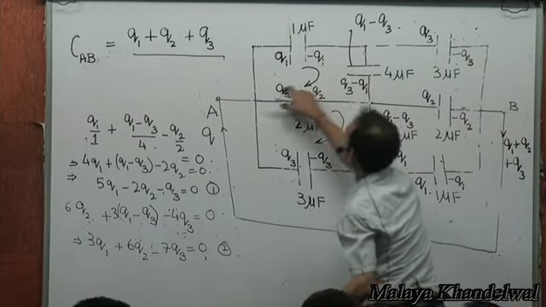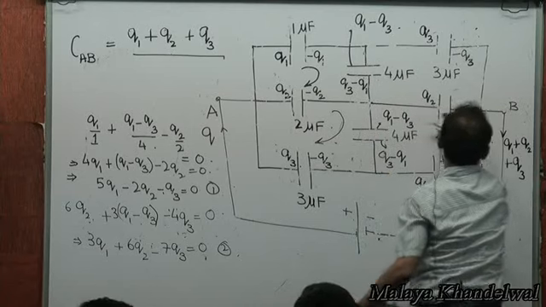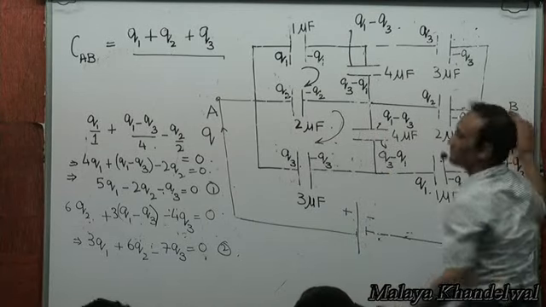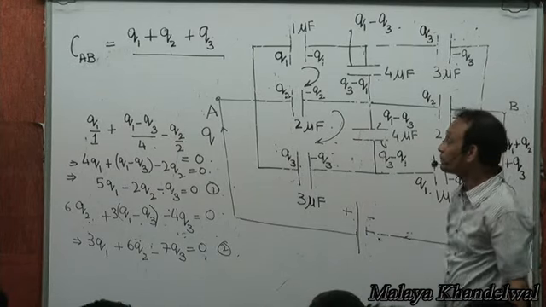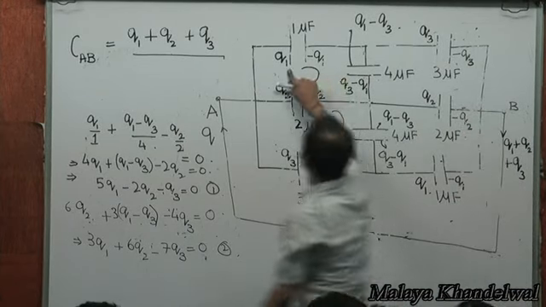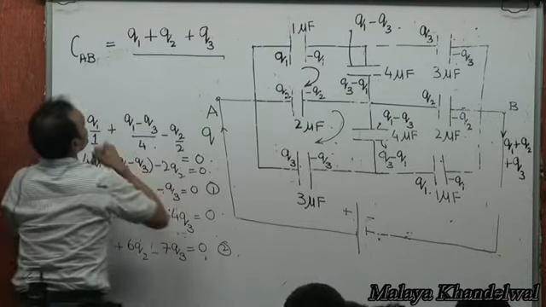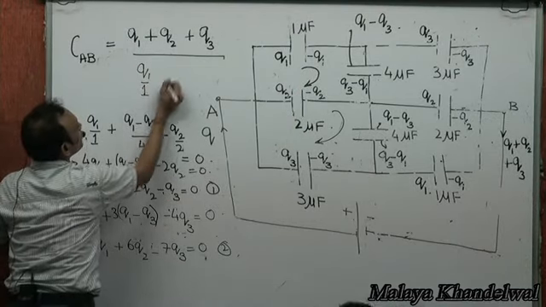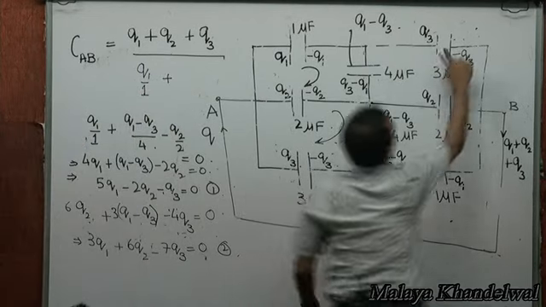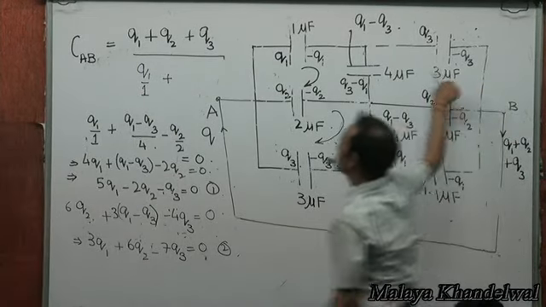You can go from A to B like this. Right? You could do that. So the drop from A to B is going to be the drop across this, which is Q1 by 1, plus Q3 by 3.